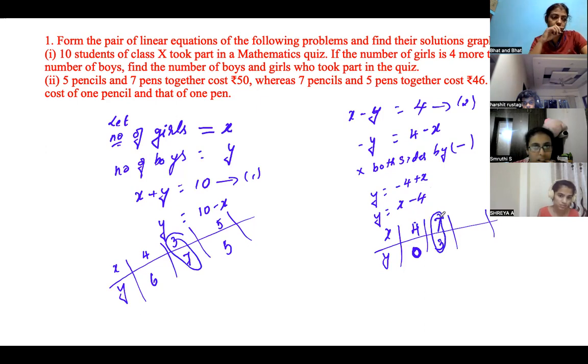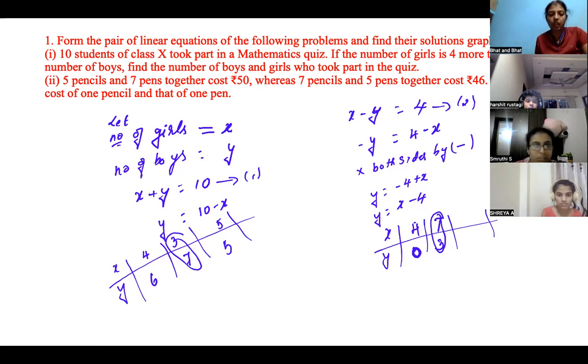Will they coincide? One line will go like this and the other line will go like this. Different values for both. It's okay.